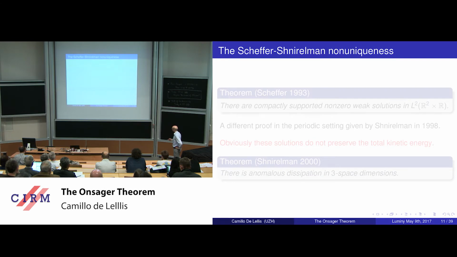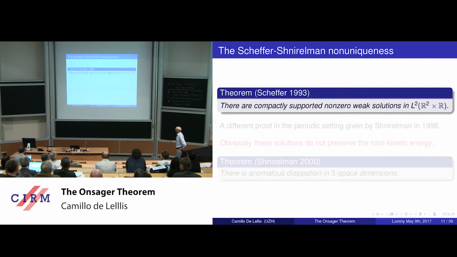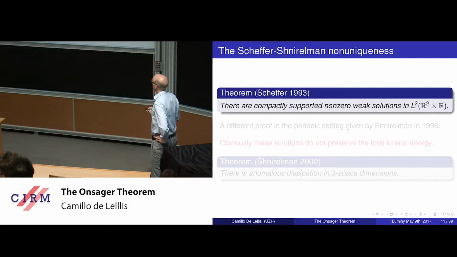Okay, so now what about the other part? Can you construct solutions which do not conserve the kinetic energy? The first rigorous proof that there is a weak solution which does not conserve the kinetic energy is a famous theorem by Scheffer in 1993.